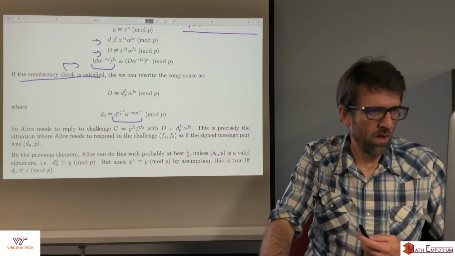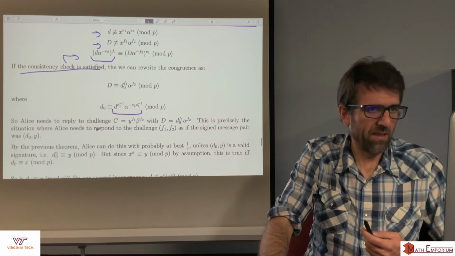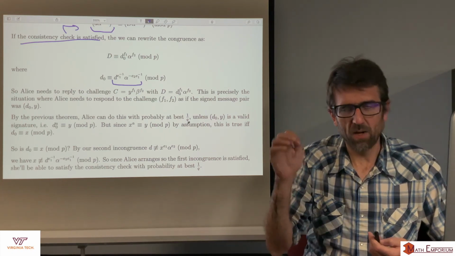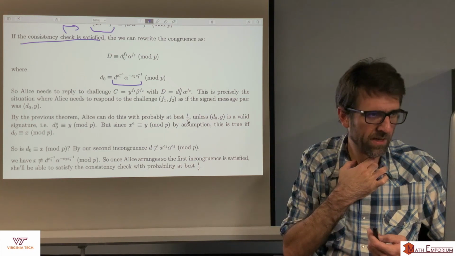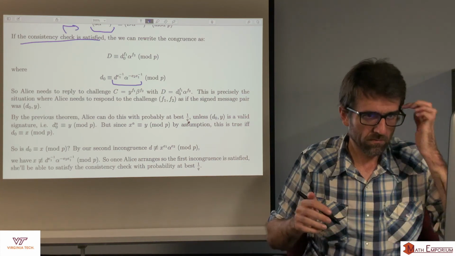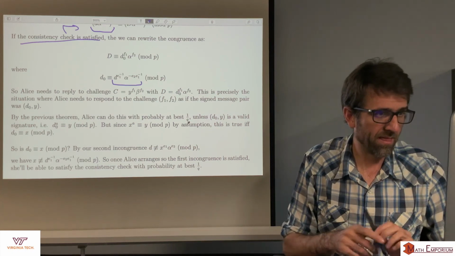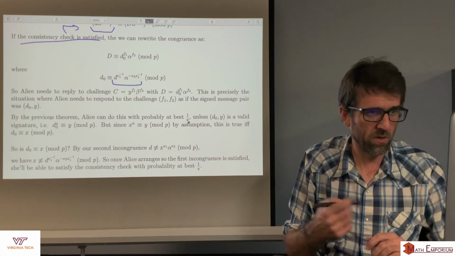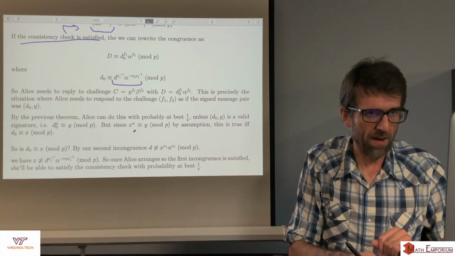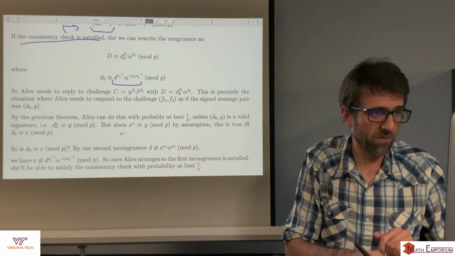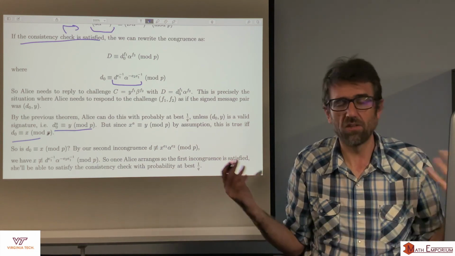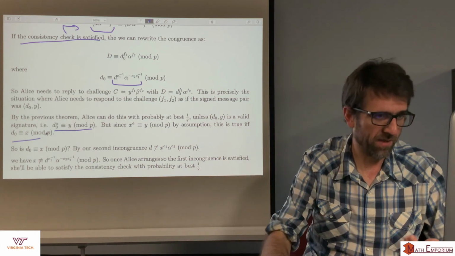So by the previous theorem, Alice is only going to be able to give the correct reply as if the pair were d naught y with probability 1 over q, unless d naught to the a is actually congruent to y mod p. But since x to the a is congruent to y mod p, this will actually only hold if d naught is x. So the question now is just, is d naught congruent to x mod p?